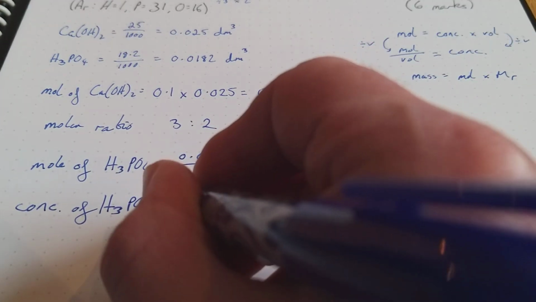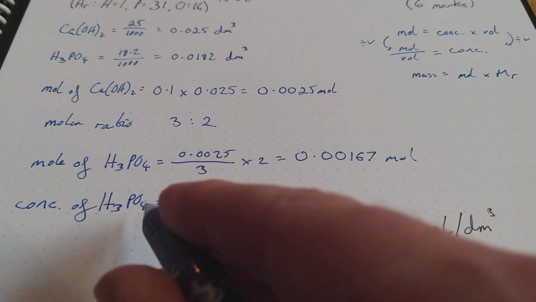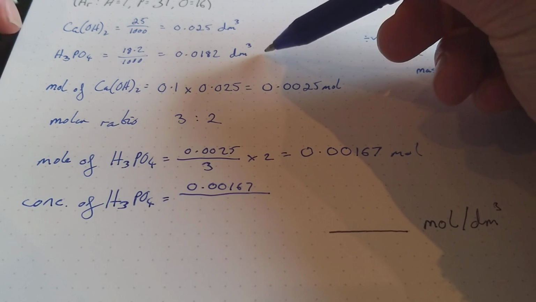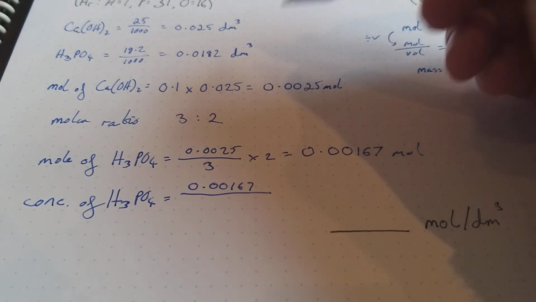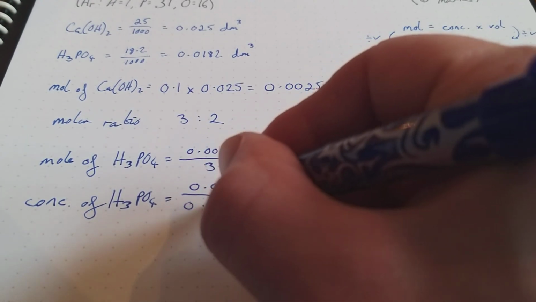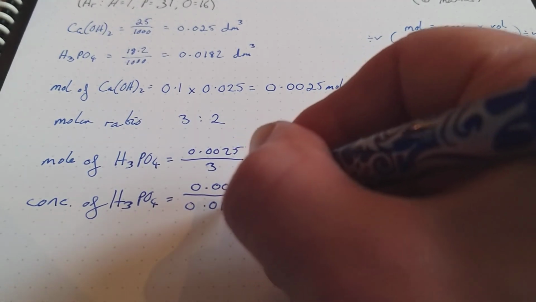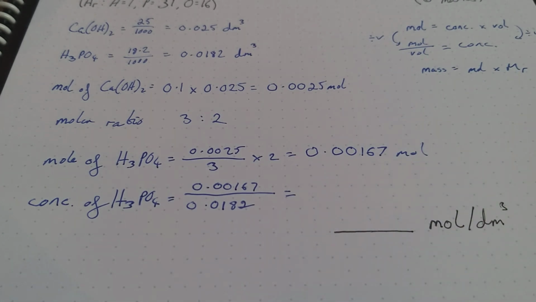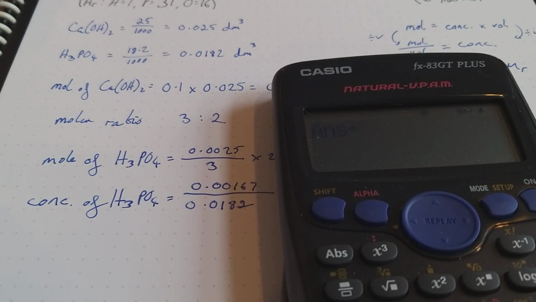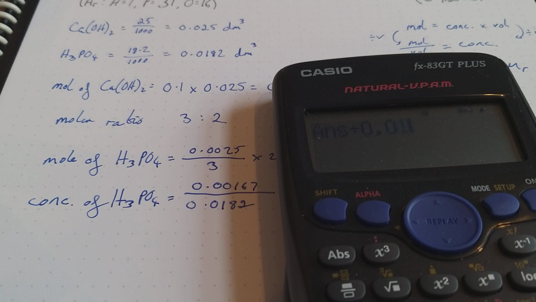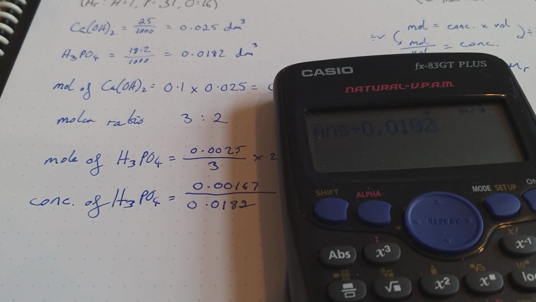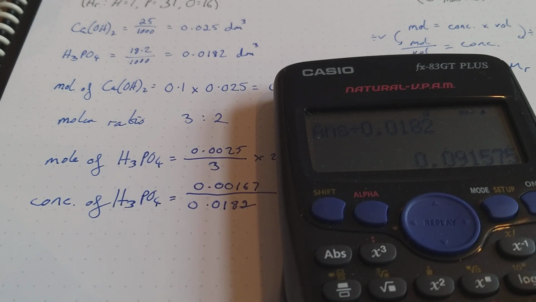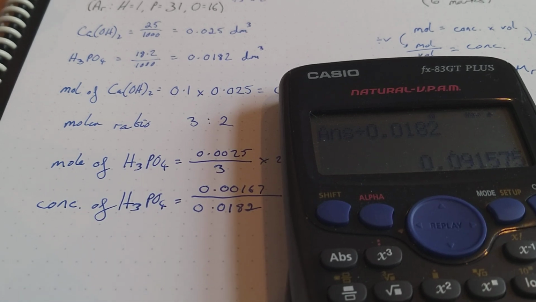So the number of moles is 0.00167 divided by, well, what was the volume of phosphoric acid? Let's go back to the top of our page. The volume was this one here. So divided by 0.0182. So I'll do that in my calculator. Okay, and that gives us our answer there.